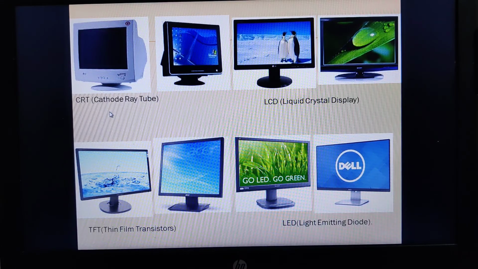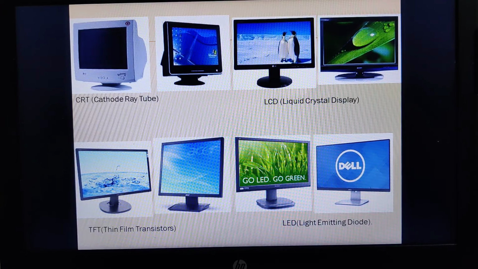Then LCD systems came; LCD stands for liquid crystal display. Then TFT monitors came, that is thin film transistor, and then we have the LED, that is light emitting diode. These are the different types of monitors that exist today.